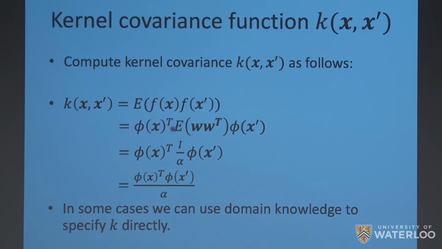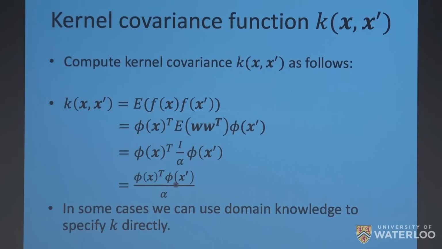And now the expectation of w w transpose, that corresponds to the covariance of my prior with respect to w. And we said that this was 1 over alpha times the identity matrix. I can drop the identity matrix since it doesn't change anything. And then I can rewrite this as follows. So that's essentially the covariance function. Okay, so this is just a little bit of math to illustrate how we go from the weight space view to the function space view.